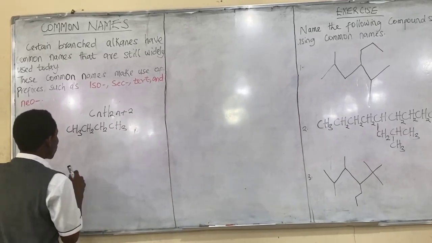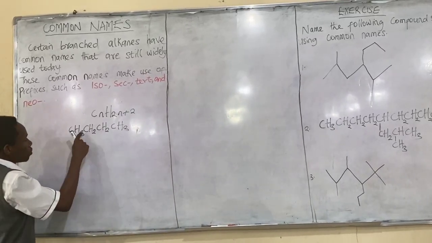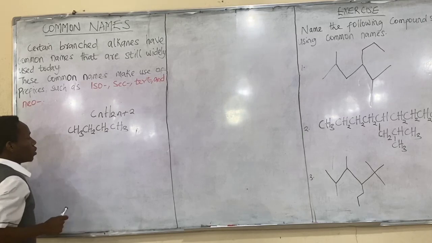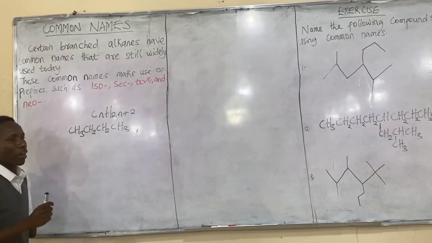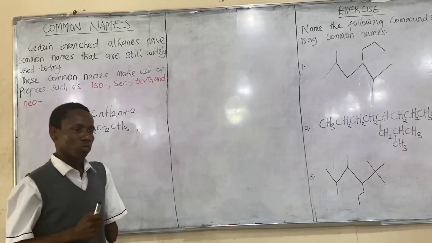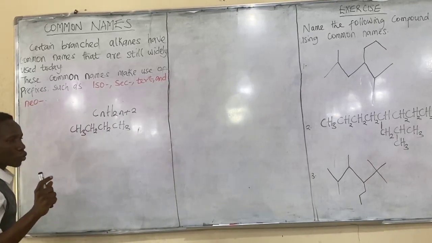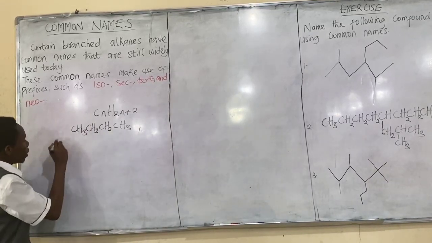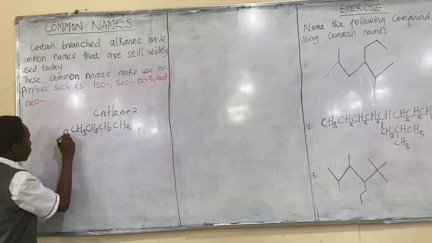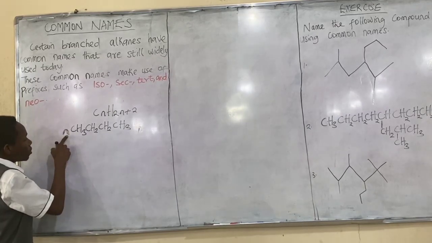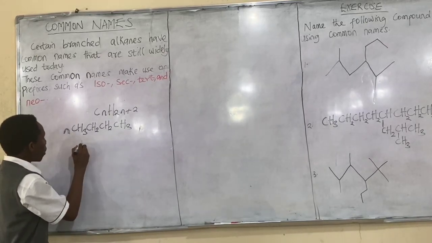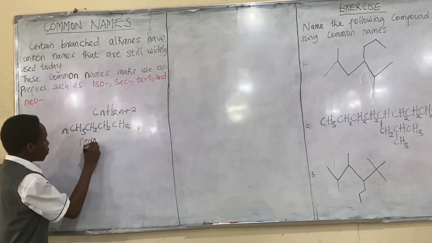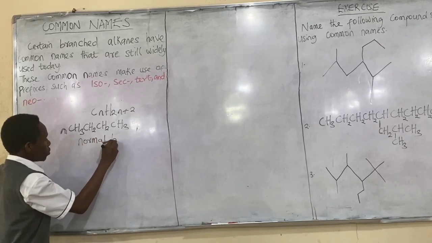If you count the number of carbons here, you have 1, 2, 3, 4. This compound has 4 carbons. Therefore, according to the common name, you just apply N. You put in your N here. This N stands for normal. So this is our normal butane.